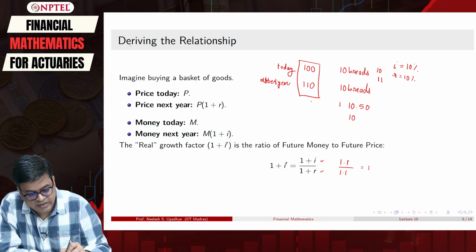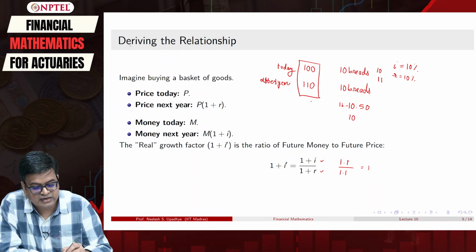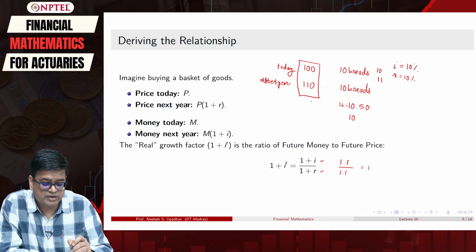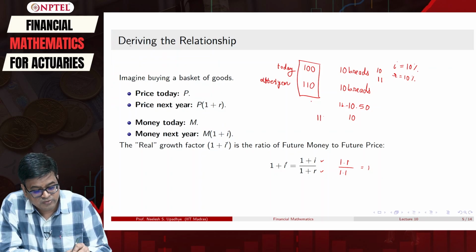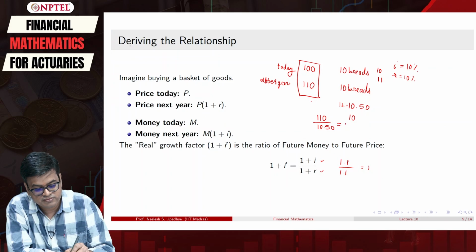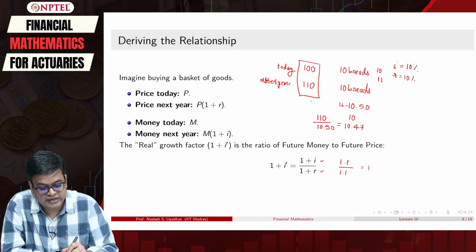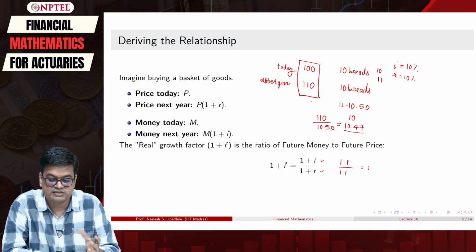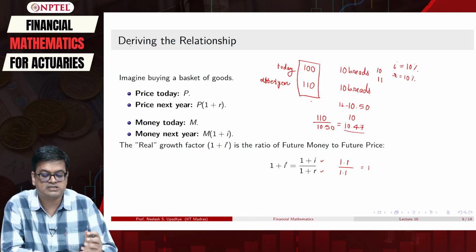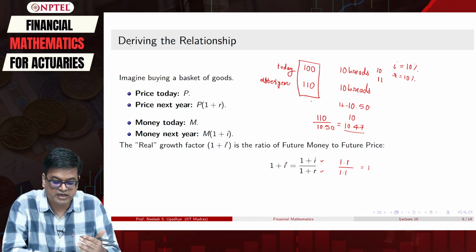The cost of one bread now is 10 rupees 50 paise, and now I have 110 rupees. So I will get 110 upon 10.50, which essentially gives me 10.47. So I can buy 10.47 breads, right. That means my purchasing power over a period of time has increased.